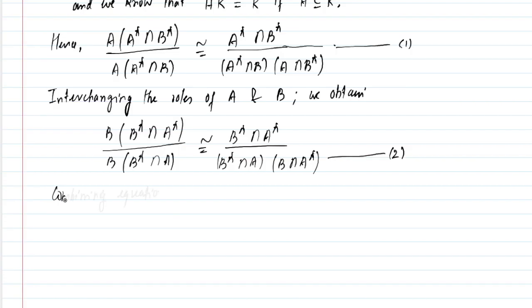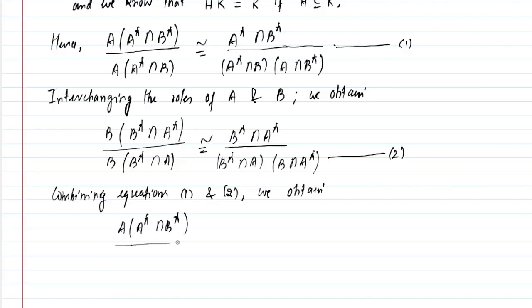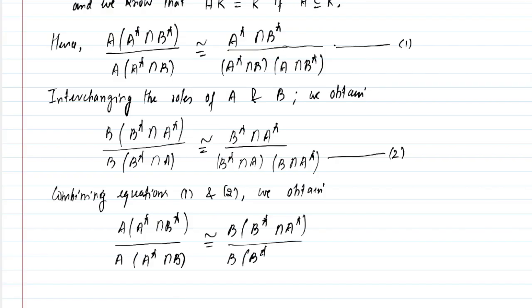So combining equations first and second, we obtain A into A star intersection B star by A into A star intersection B is isomorphic to B into B star intersection A star by B into B star intersection A. So this completes the proof of Zassenhaus Lemma.